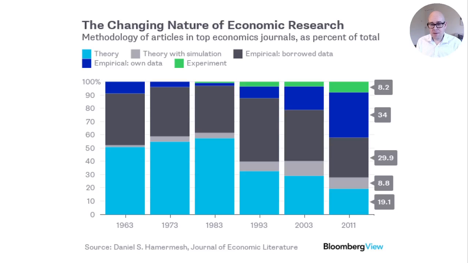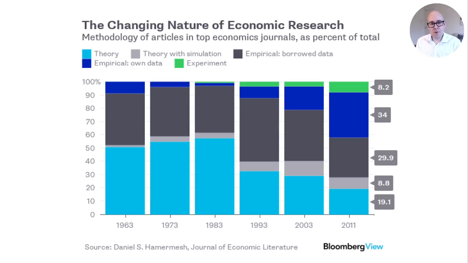And what has gone up is empirical work. So the dark gray area, that's with borrowed data or publicly available data or data that somebody else has collected. And then there's something new coming. This is the dark blue area, that is proprietary data, own data.